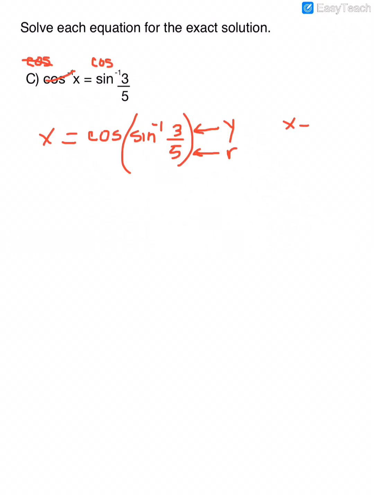So we know that x would be 4, and we know that cosine is x over r. So that makes the cosine of sine inverse of 3/5 equal to 4/5, because the cosine of that same angle that has a sine of 3/5 is 4/5, and that's my answer.